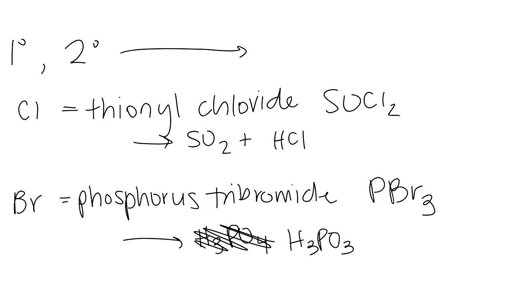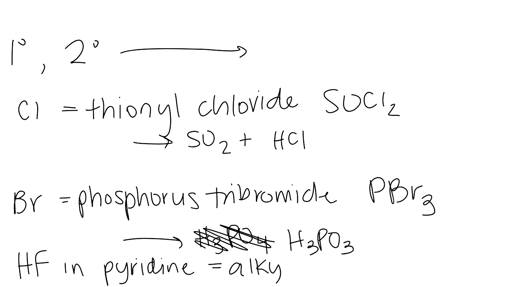But for an alkyl fluoride, you would add HF, specifically in the solvent pyridine, and that will make an alkyl fluoride. But again, pretty unlikely that you'll see that happening. So we've looked at allylic bromination, dehydrohalogenation to form a diene, and making alkyl halides from alcohols. And so our next topic is looking at something called a Grignard reagent.